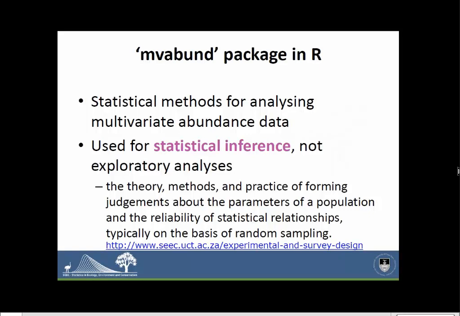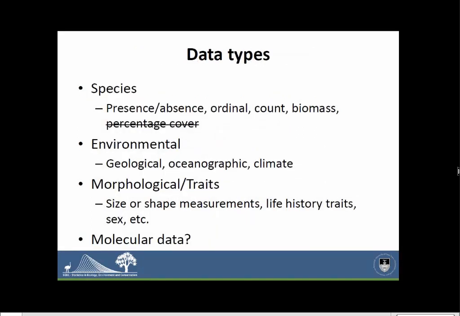For example, if you're looking at the impact of mining, you don't just want to look at the impact of mining in your little area that you're working on. You want to say something generally about the impact of mining at a broader scale. And this is very dependent on your sampling design. So if you are going to design your sampling strategy, you should probably look at this other SEEC toolbox that we did on experimental and survey design, which would be really useful in that sense.